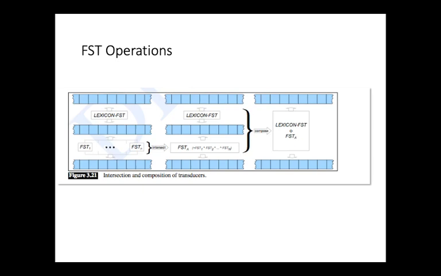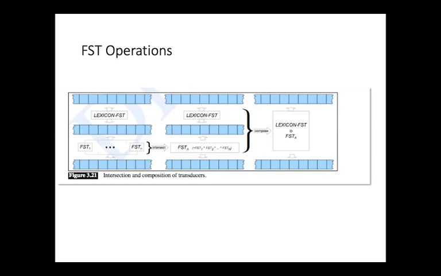So this is how you can imagine FST operations working. You have the lexicon FST, you have the orthographic rules FSTs, the allomorphic FSTs. So you combine these together. They use intersection. We're going to use composition. So you have the lexicon FST and the allomorphic FST.